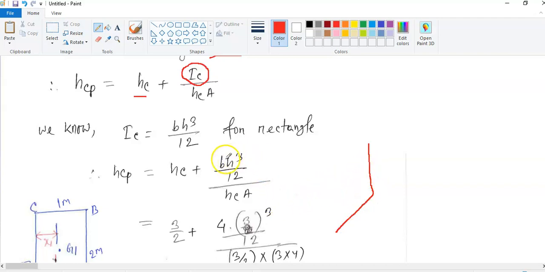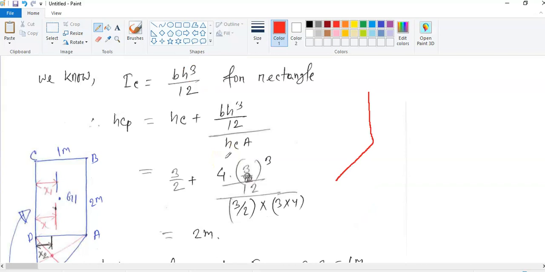And h, the height, is 3, and it is over 12. Then h_C equals 3 by 2, and the area is this 4 and this 3.